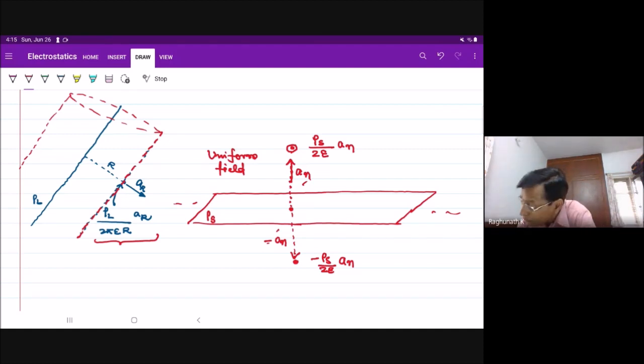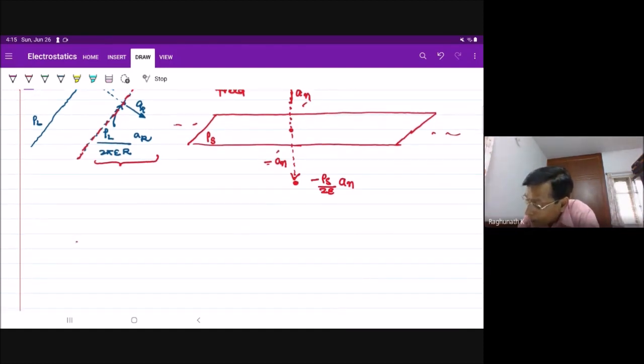And in this normal flux, we saw the flux lines of a positive charge going radially out. Flux lines of a negative charge coming radially and terminating on the negative charge.